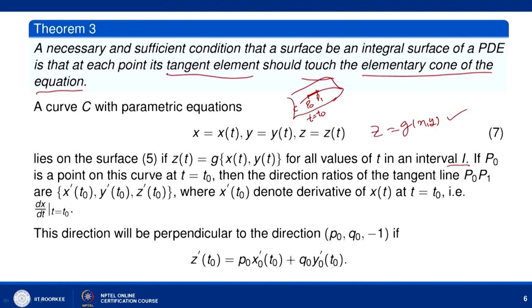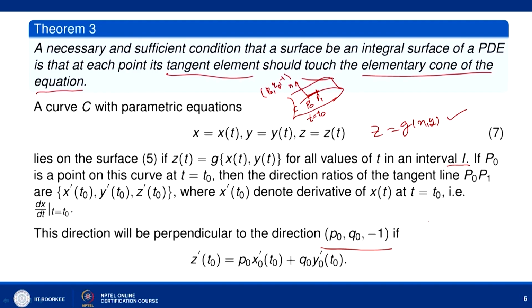Now, we say that if this tangent line is perpendicular to the normal vector at this particular point, let us say you have a normal vector n and it is given as p naught, q naught and minus 1, so if this direction is perpendicular to the direction p naught, q naught and minus 1, then we have the following relation, that is z dash t naught equal to p naught x dash t naught plus q naught y dash t naught.